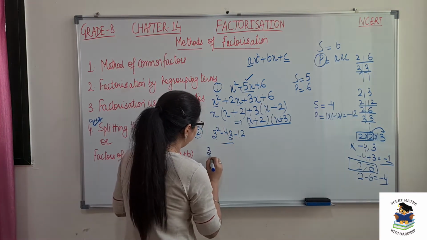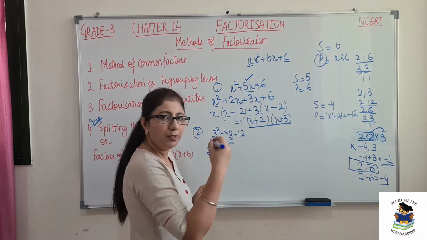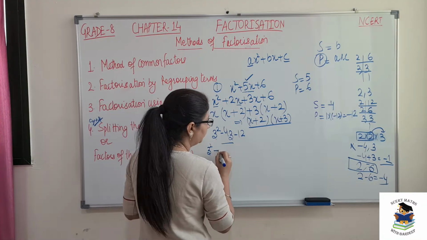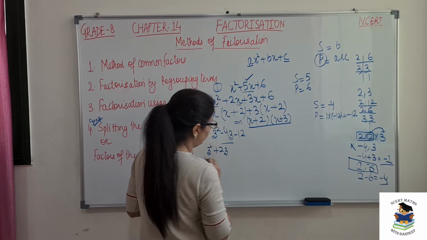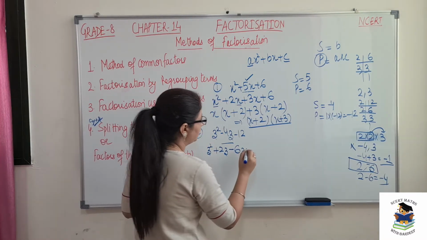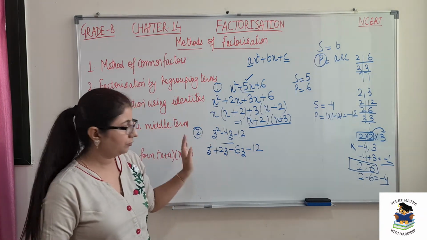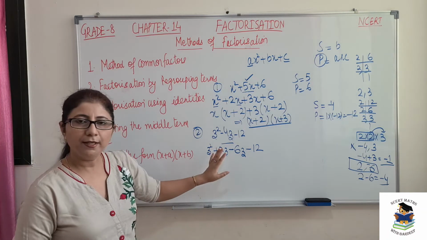So I will rewrite minus 4z as 2 and minus 6. Okay, 2 is positive, so I will write plus 2z. 6 is negative, so minus 6z minus 12. From here it is simple. Find the common factors by regrouping them.